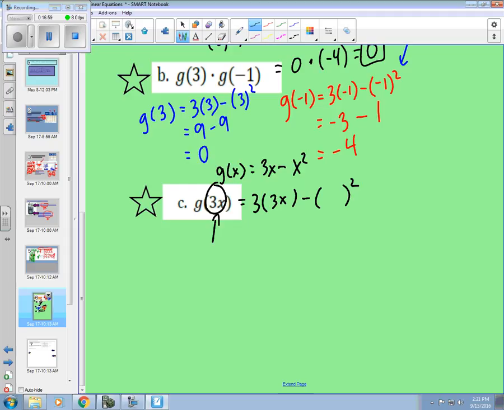So the x is gonna become a 3x. And now again, you just simplify. 3 times 3x is 9x. Minus, here we got to square this stuff, so 3 squared is 9. X squared, we also have to square, that'd be x squared. We can't subtract these because these are not like terms. So we would just stop right there, and that would be our answer.